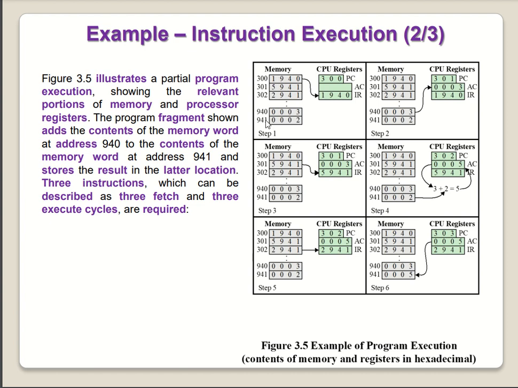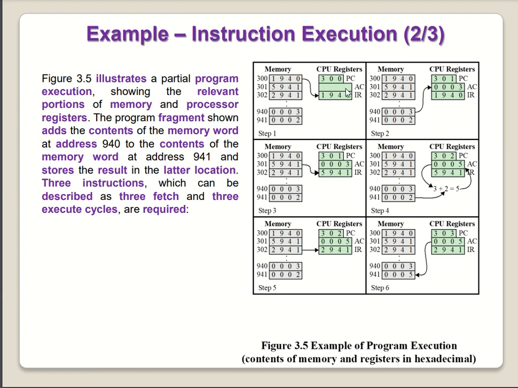So there are 3 instructions at locations 300, 301, 302, and 2 data items at 940, 941. This is basically the von Neumann concept. The memory has addressable locations, and the program and data are stored in the memory. Can you get the idea?